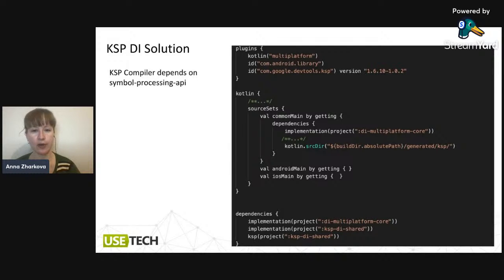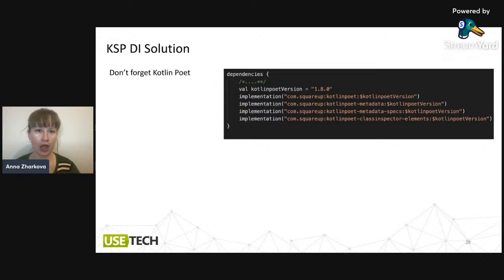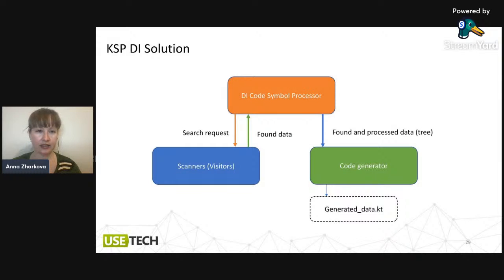So specify the path in the common main section. Next, you need to specify Kotlin Poet to generate all your data correctly. And let's take a look at how the generation and the processing will work.